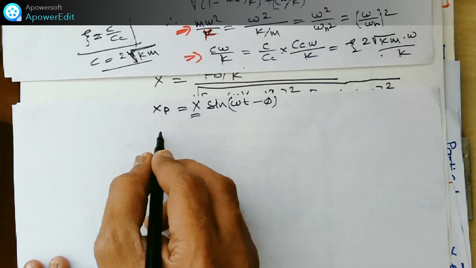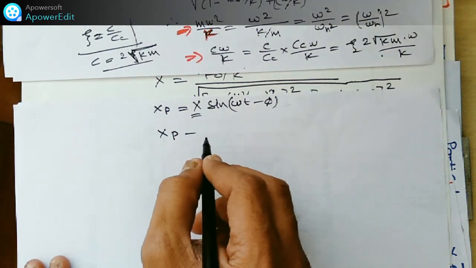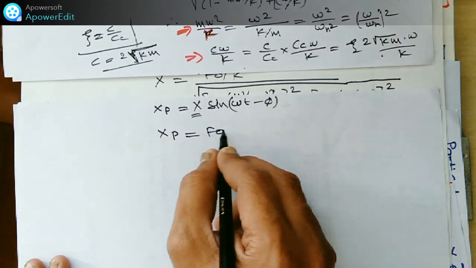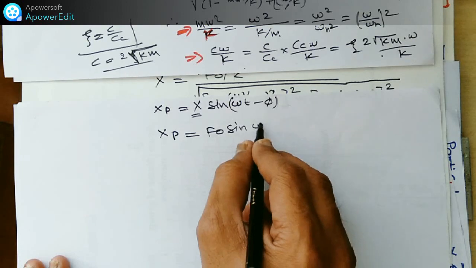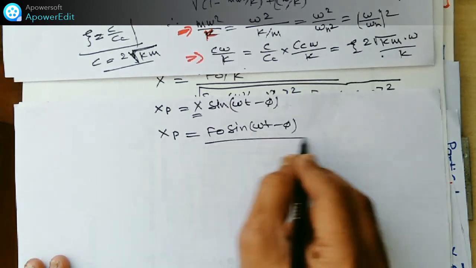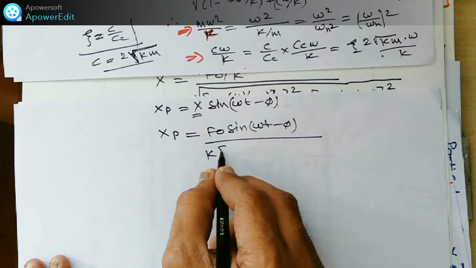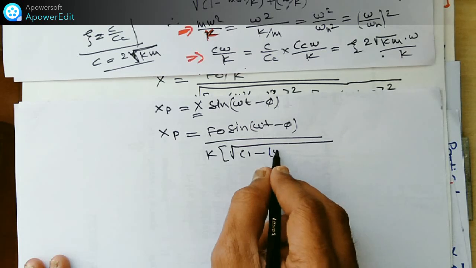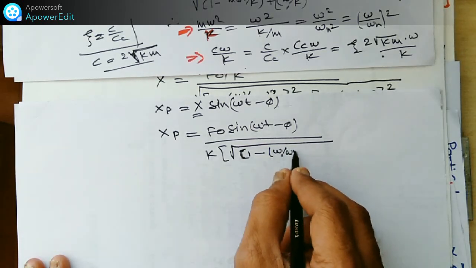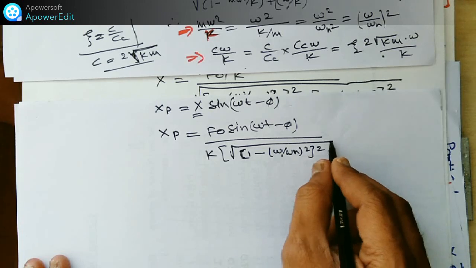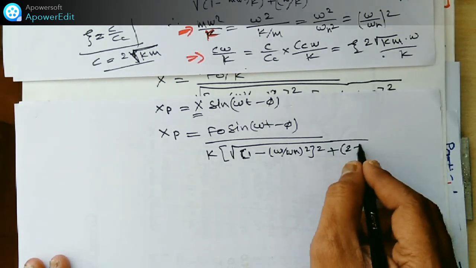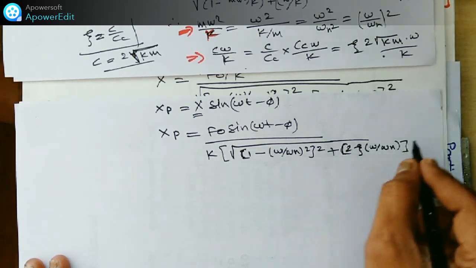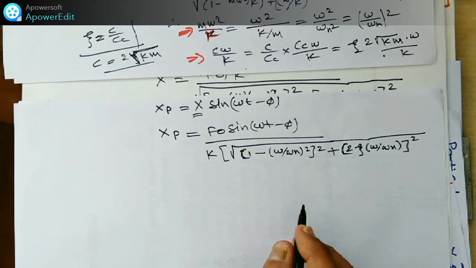Putting the value of x in this equation, xp is equal to F0 into sine of omega t minus phi upon k, inside the bracket 1 minus omega by omega n square bracket square plus twice zeta omega by omega n bracket close square. So friend, this is the final equation for xp.